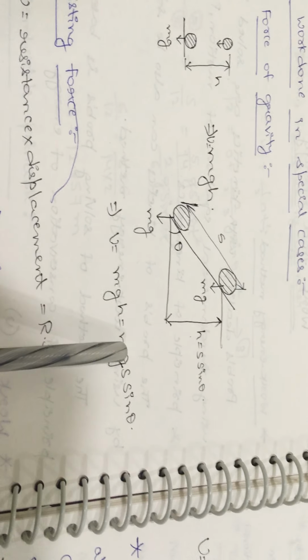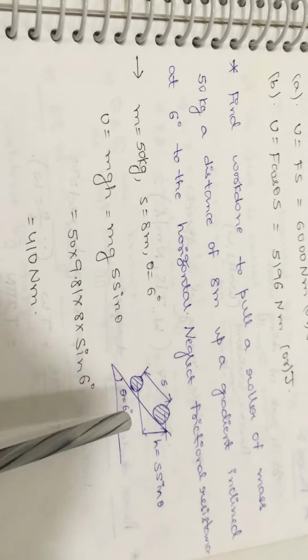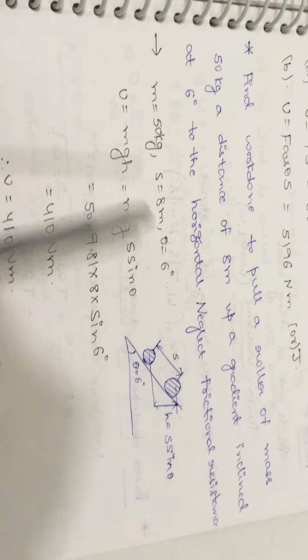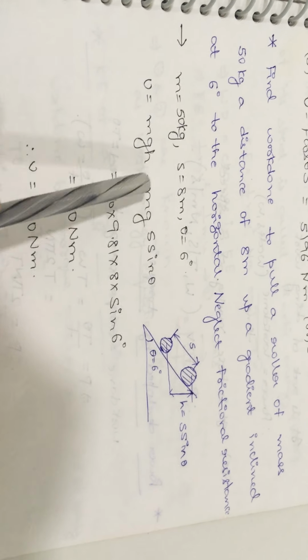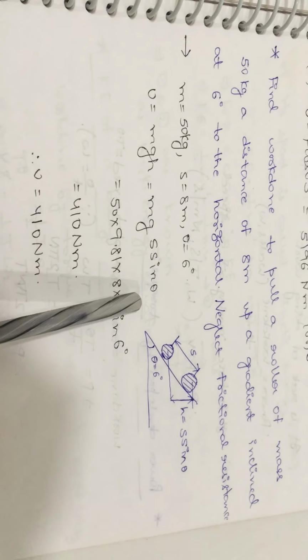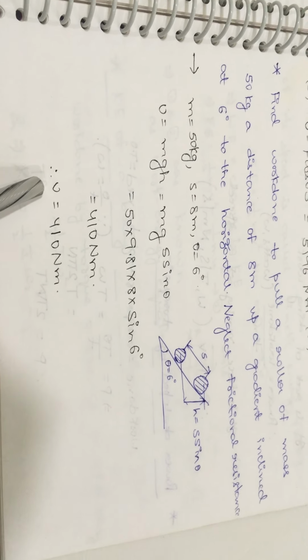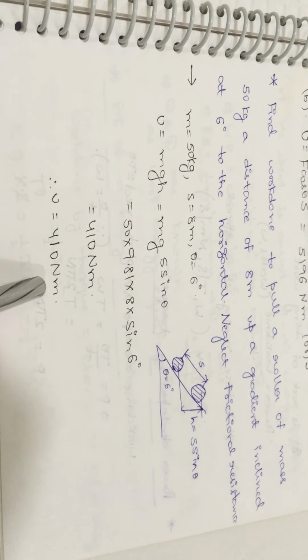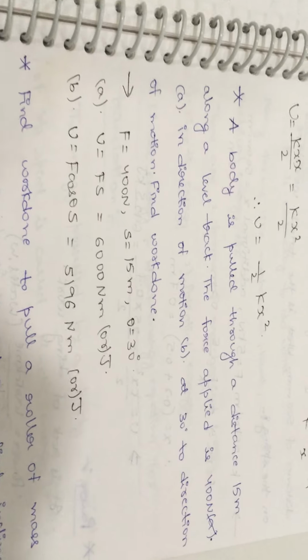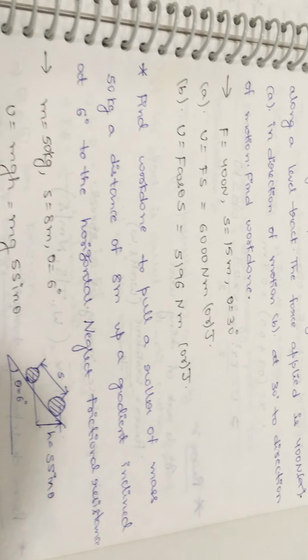Now we have to use this work done formula for this problem. So here the work done formula is mgh, and again h is equal to S sin theta. Now substitute all the given values in this formula. You will get the value for work done, that is nothing but 410 Newton meter. So these are some problems for the work done.